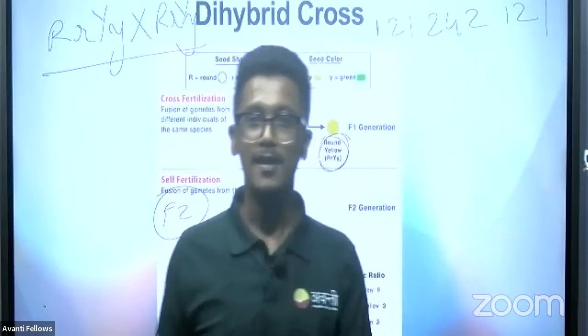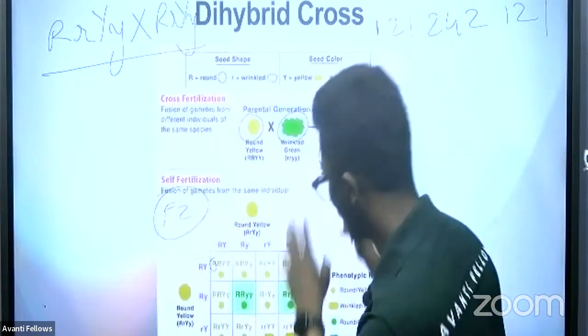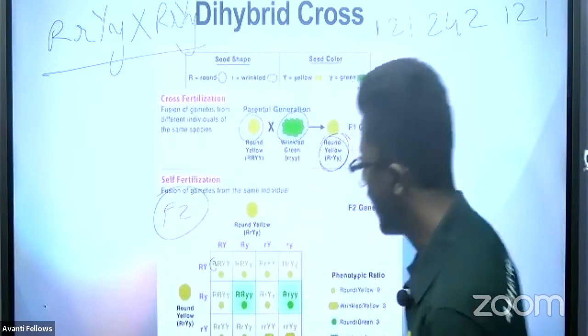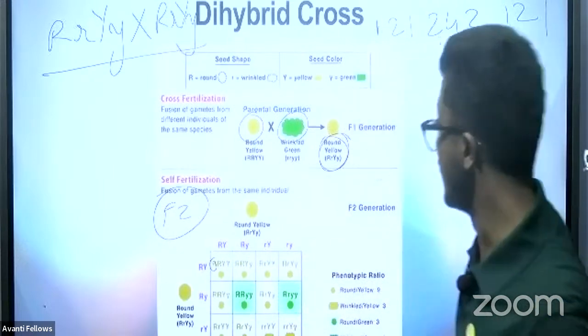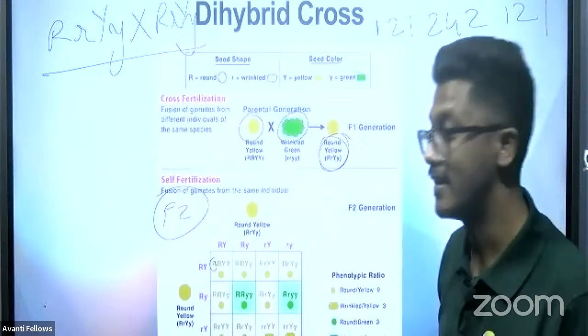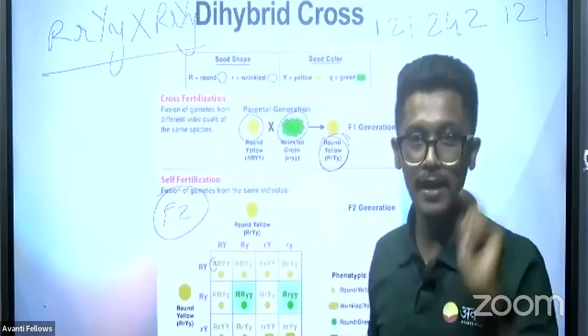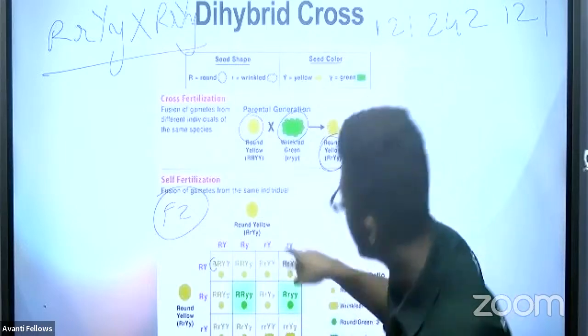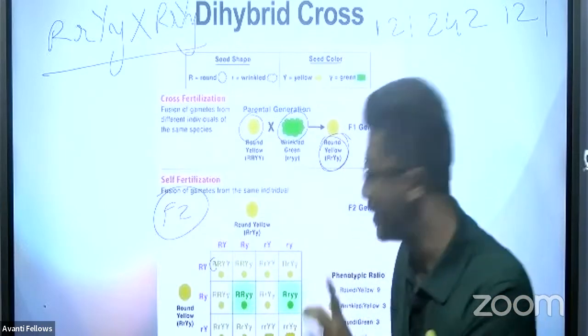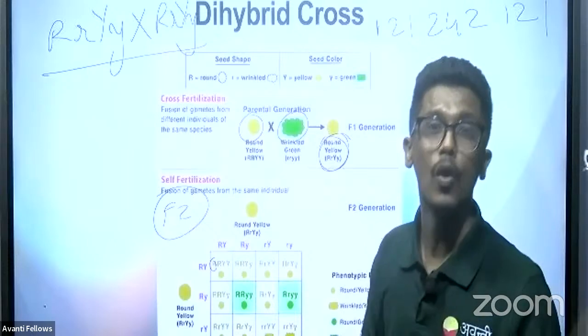Sir, how? Guys, you have a lot of time. Please go through the square here. So RR YY is only 1, so that will become 1. Similarly, there are only 2 types of some other combinations. Like that, you keep on grouping. Finally, you will get a genotypic ratio. Now you know what a genotypic ratio is. Whatever is the combination of these letters represents alleles.